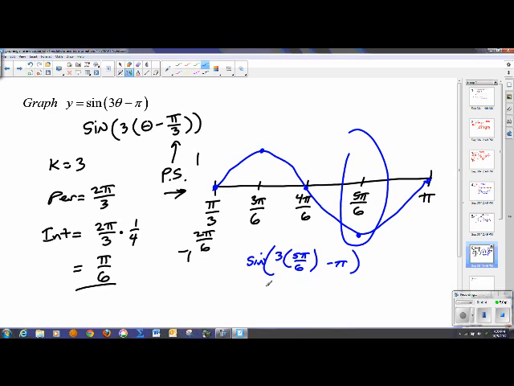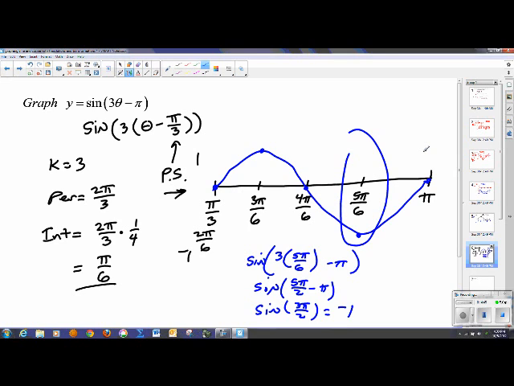So 3 times 5 pi over 6 is basically the same as the sine of 5 pi over 2 minus pi, which is the same as sine of 3 pi over 2. I know the y value at 3 pi over 2 is -1. And that checks with what's going on in my graph, so I've done it correctly.